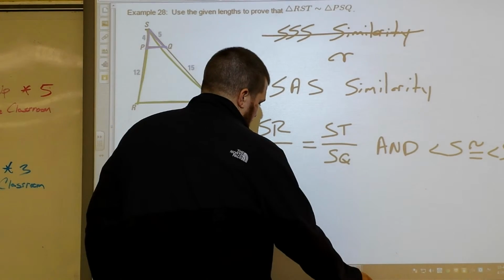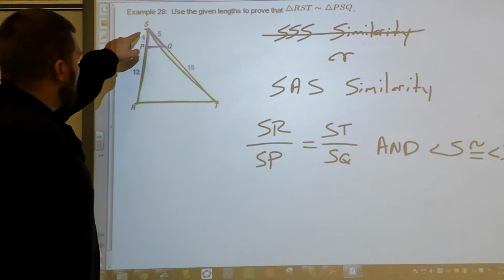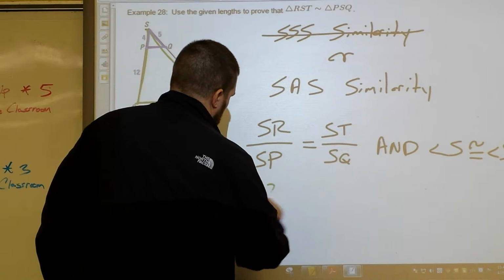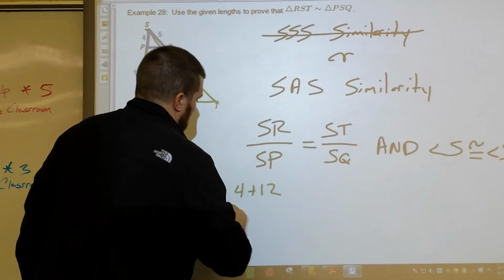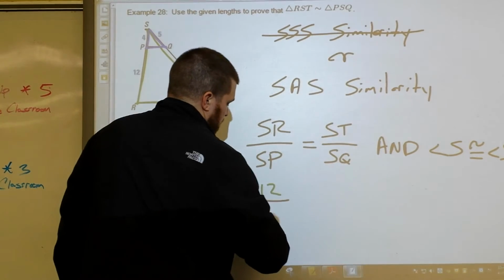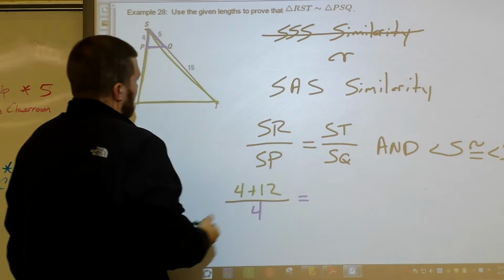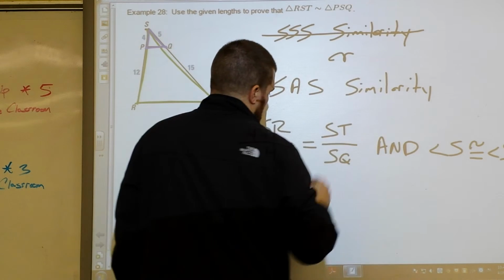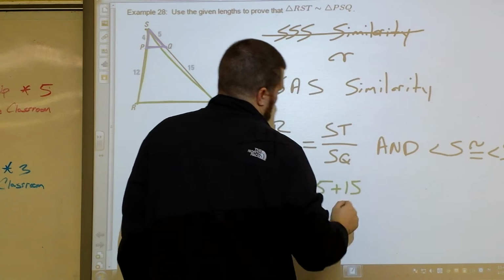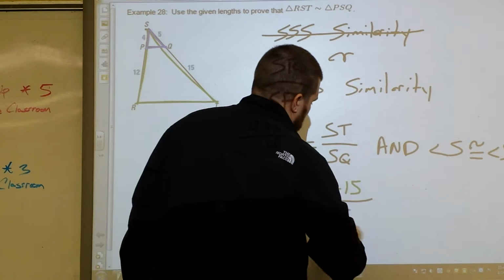What we're going to do is plug in what we know. For the green side, SR is 4 plus 12. So 4 plus 12 on top, divided by the corresponding blue side, which is just 4. And that's supposed to be equal to the green side, ST, so 5 plus 15, divided by the corresponding blue side, which is just 5.